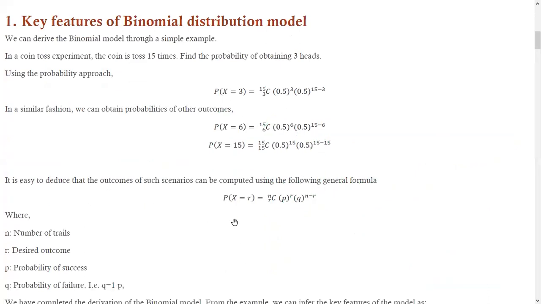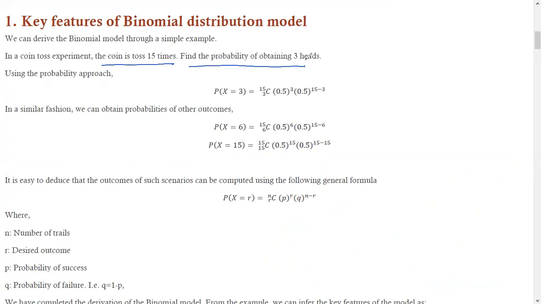So what are the key features of the binomial model? We're going to derive the binomial model through a simple example. This example will be a coin toss experiment. The coin is tossed 15 times, and we are asked to find the probability of obtaining 3 hits.